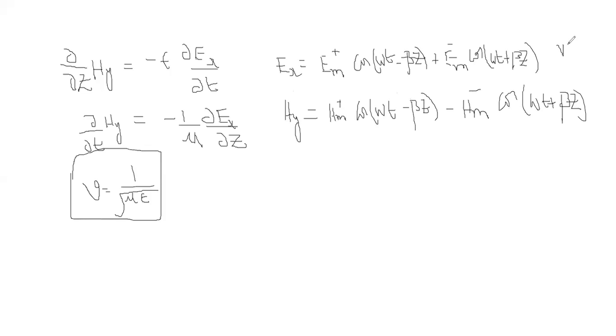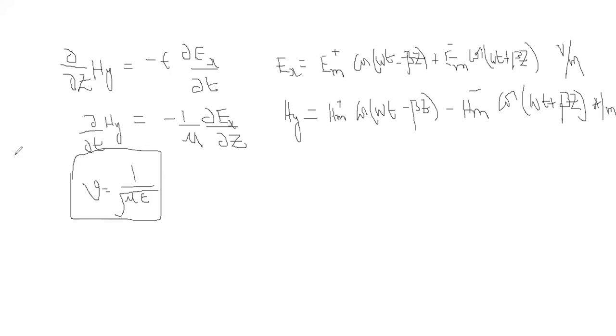The units are volts per meter for the electric field and amperes per meter for the magnetic field. The electric field is by default in the x direction, and the magnetic field is by default in the y direction.